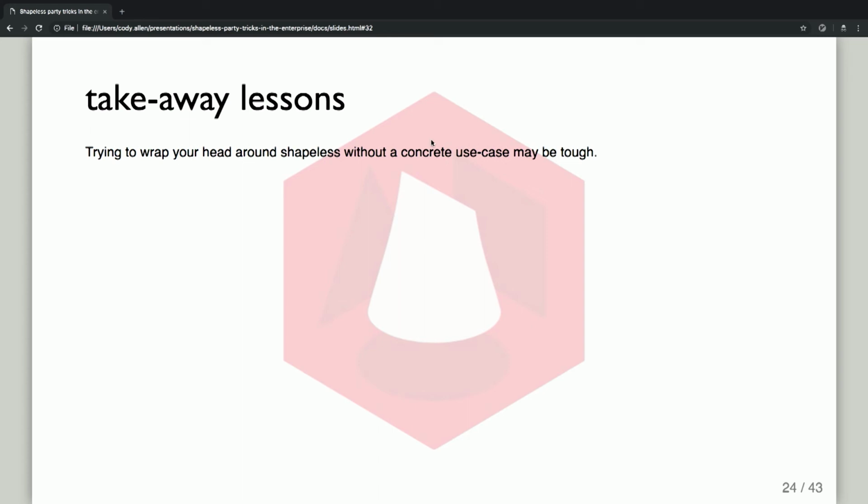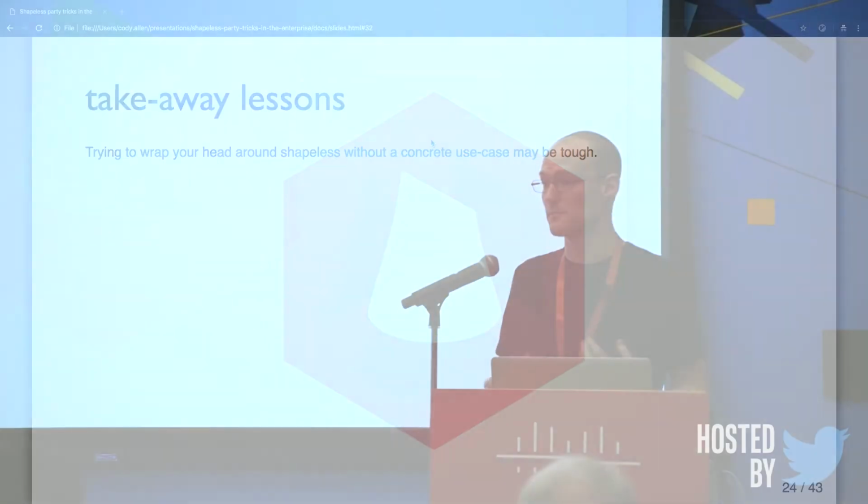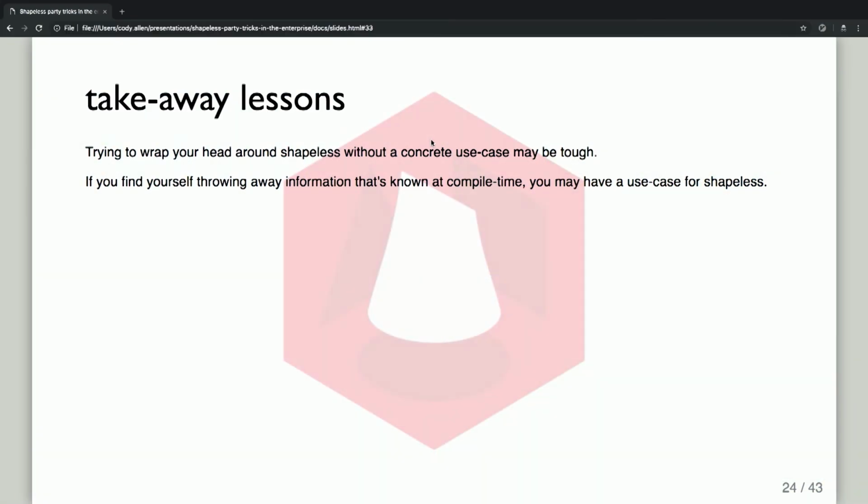My takeaway lessons really are, one, if you think Shapeless is cool and want to use it, but you don't have a concrete use case, I think it might be kind of hard to wrap your head around. It was for me. If you can do that, that's great, but viewing it through some concrete lens is the easiest way to learn it. So when would you want to use it?